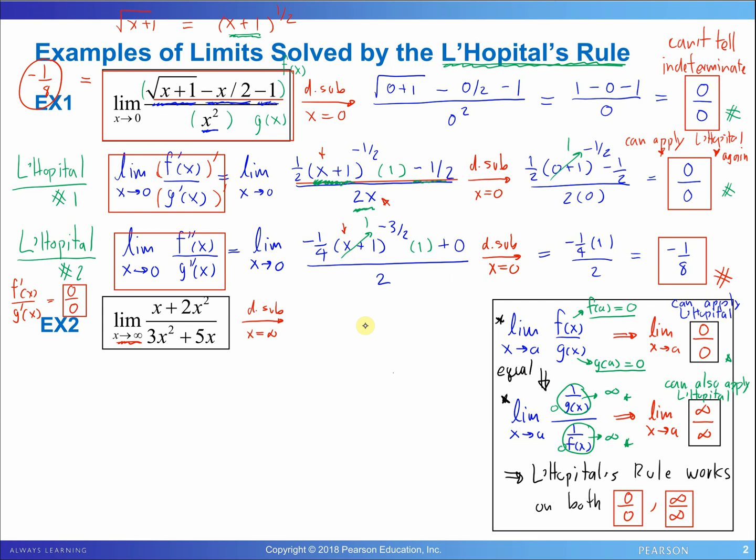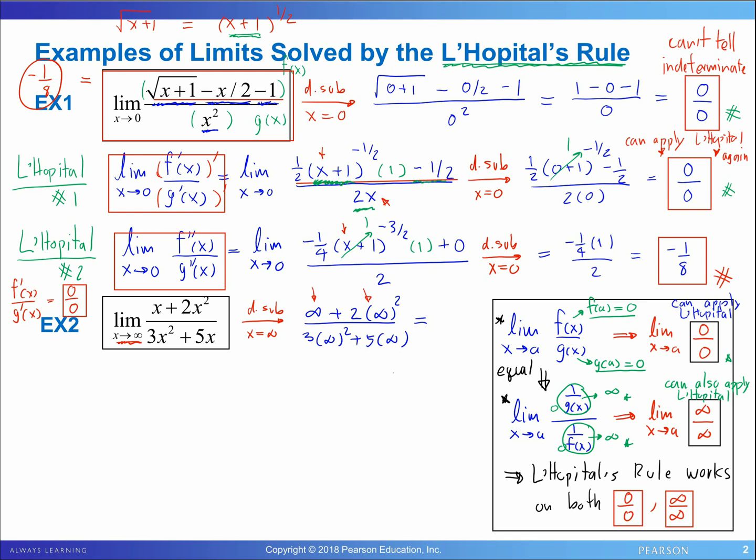So it's going to be infinity plus 2 times infinity squared divided by 3 times infinity squared plus 5 times infinity. So we have a really large number right here, plus a really large number again right here, even bigger.